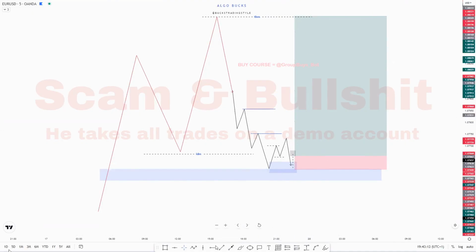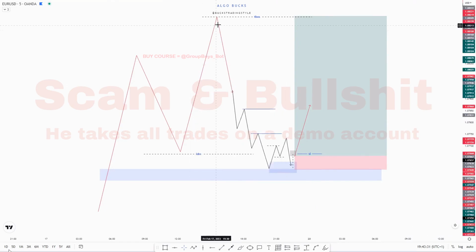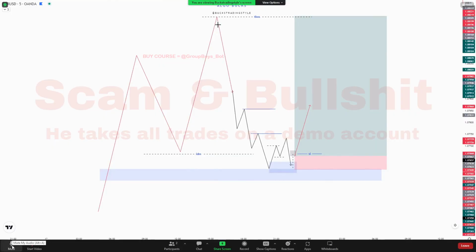So the moment price takes this second level right here, you can go break even on your trade. Then you can move your stop loss down to entry. So stop loss will now be right here. You understand this? Right.